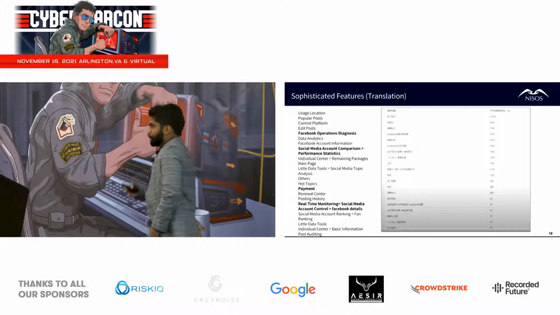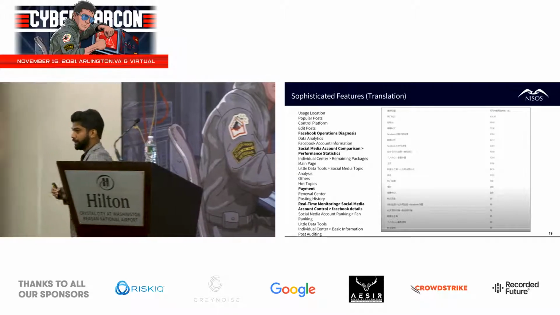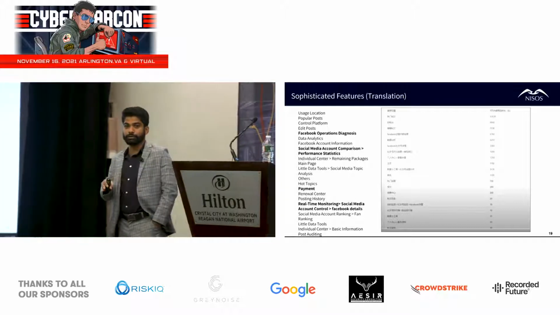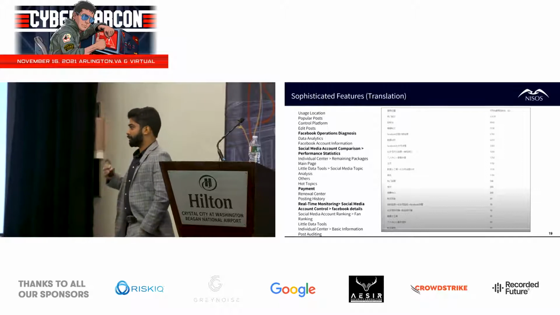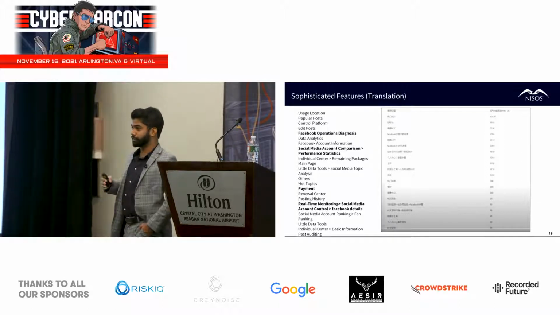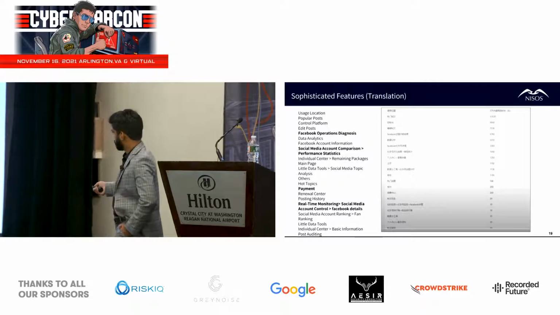For the sake of time, like I said, there are a lot of features that we were not able to show you today. But one of the most interesting things, near the end of the video, is that there are a lot of sections of this tool that imply social media surveillance and other sophisticated features. This is just a mapping of Chinese on the right to English on the left. And they appear to have some sort of tool that can look at how Facebook operations are happening granularly.